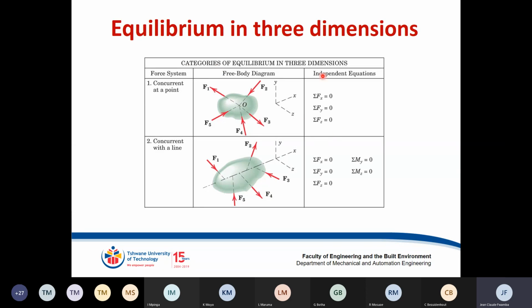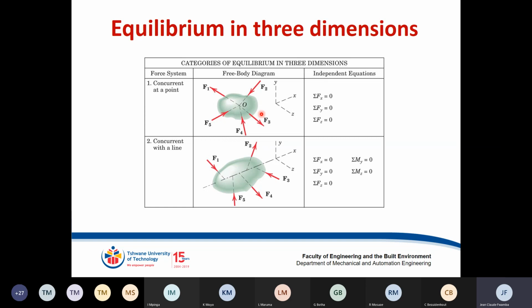It will be these ones. Sum of X equal to 0, sum of Y equal to 0, and sum of forces on the Z axis equal to 0. So it boils down to breaking each one of these forces into the 3 components. Then you add up all the X, all the Y, and all the Z, each one equal to 0.